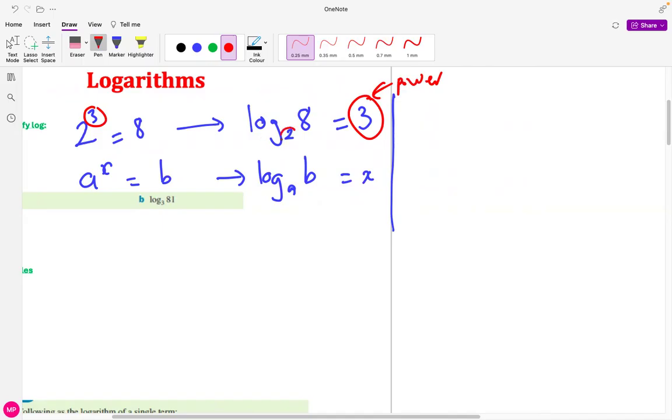The 2 here represents the base, and 8 is the result.